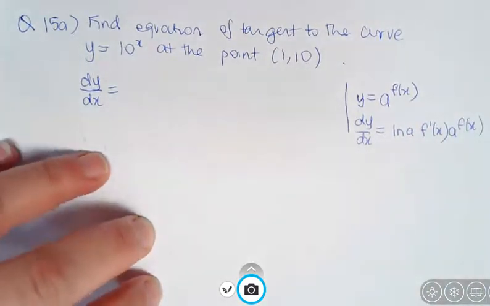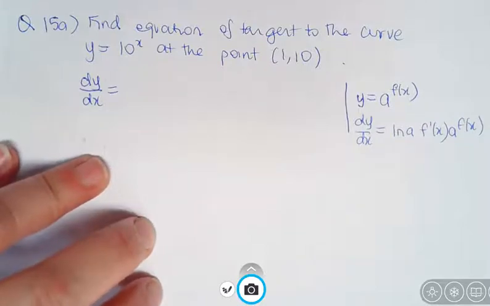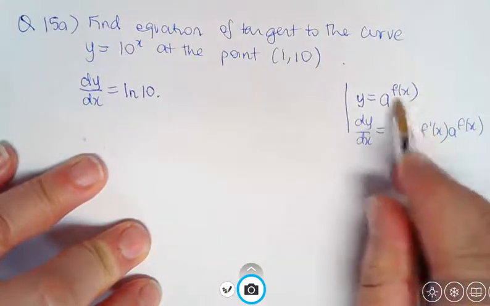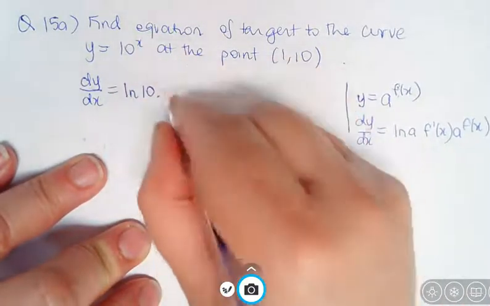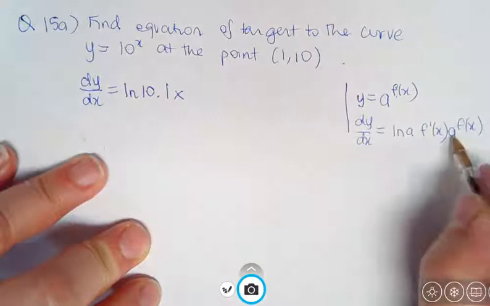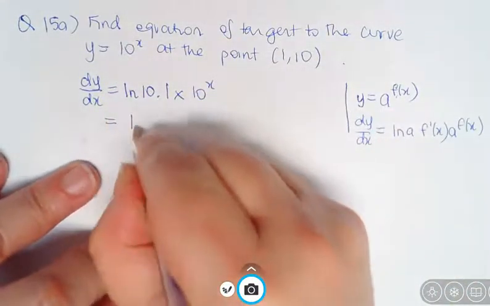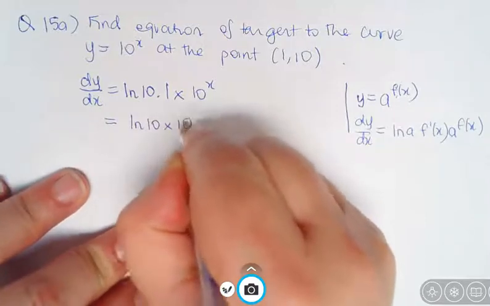That's what's on your formula sheet. So you can differentiate 10 to the power of x and you will get ln 10, times the derivative of x, which is 1, times a to the function of x, which is 10 to the x. So this is ln 10 times 10 to the power of x.